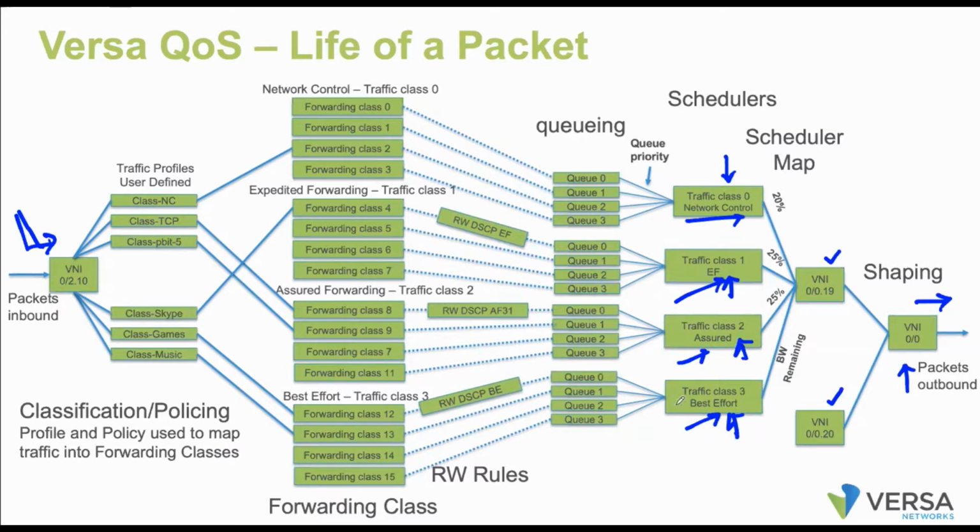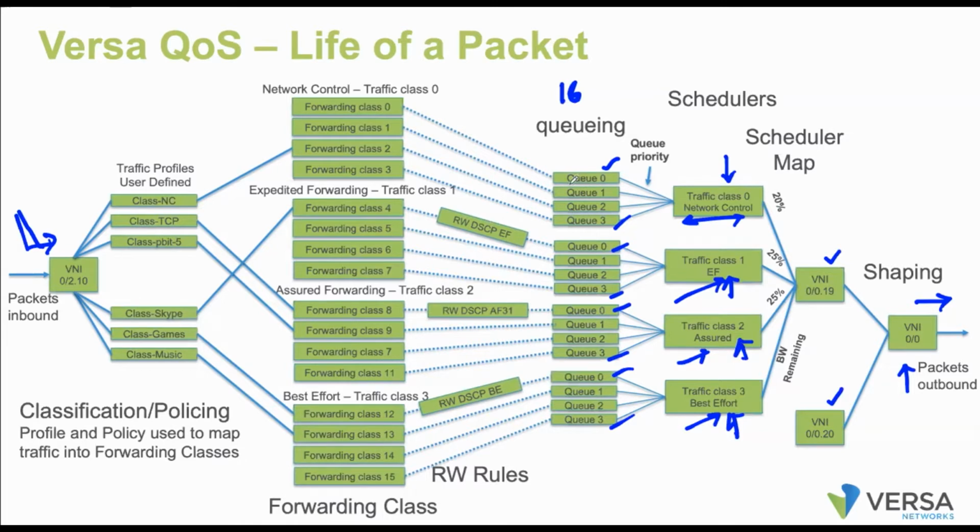These traffic classes contain the queues. Each and every traffic class contains 4 queues, so in Versa there are totally 16 queues. Each traffic class has Q0 to Q3.